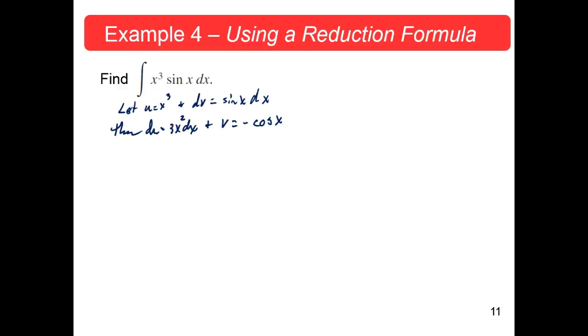And v would equal negative cosine x, right? So the derivative of minus cosine is positive sine, right? Okay. So then where do we go from there?